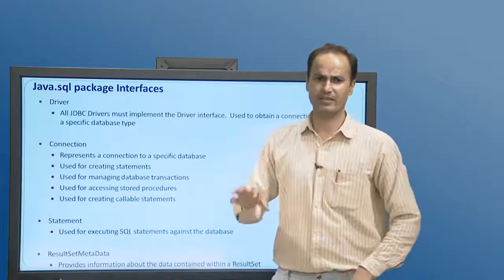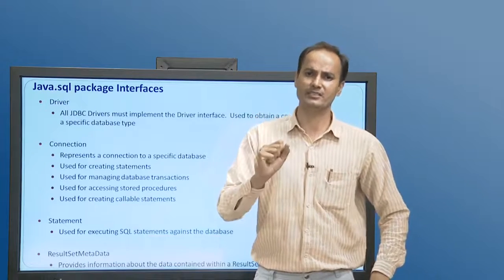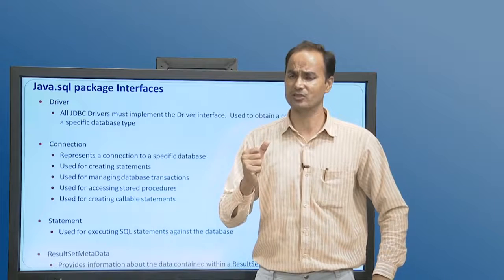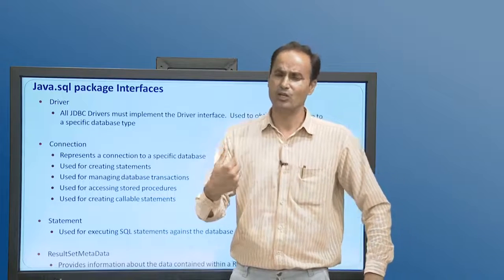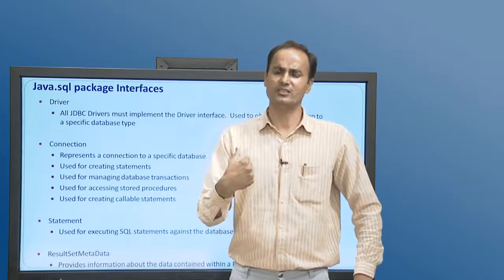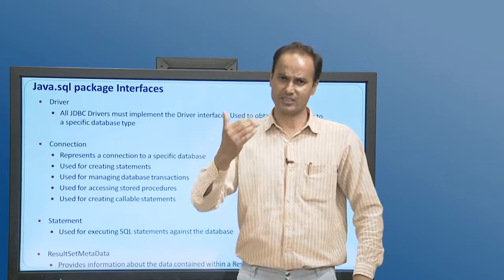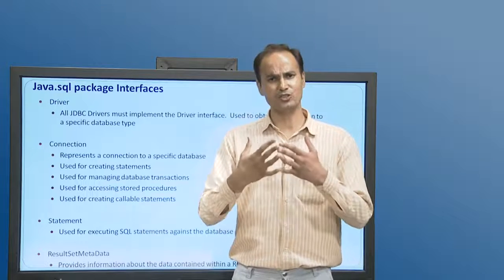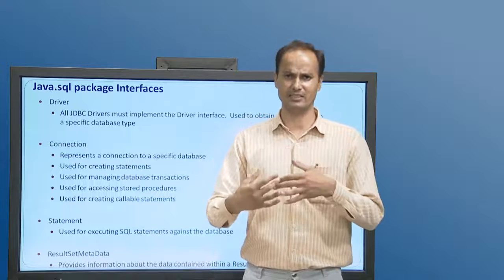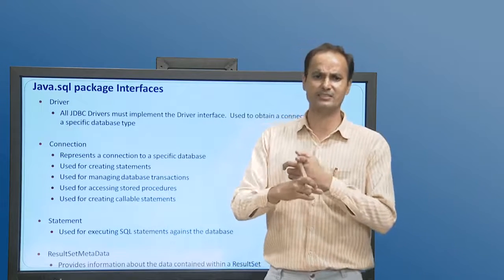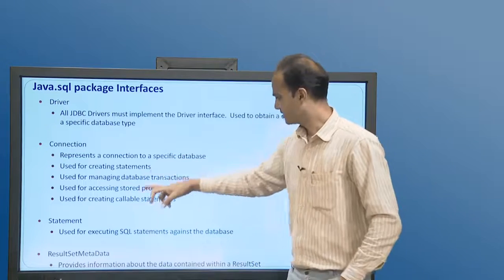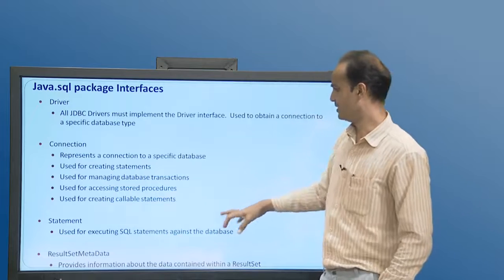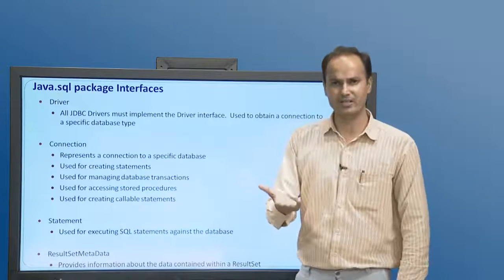Then there is the Connection interface. What does the Connection interface do? It helps us to get the connection established. Once the connection is established, we can create a Statement, and using the statements we can get the ResultSet. The Statement interface is used for executing the SQL statement against the database.